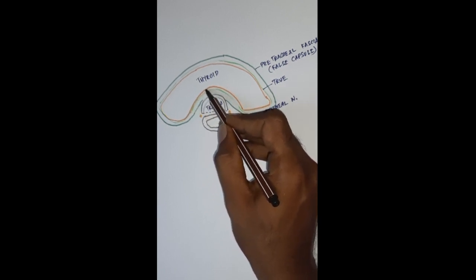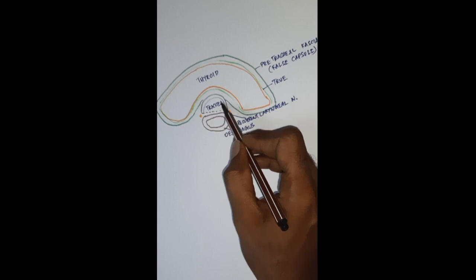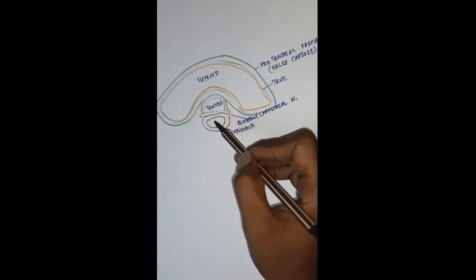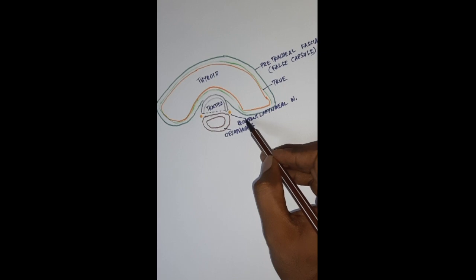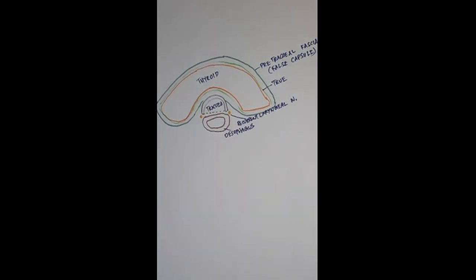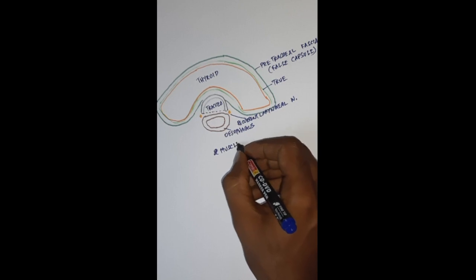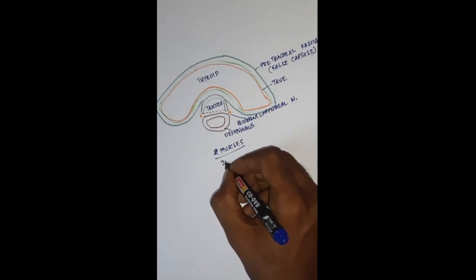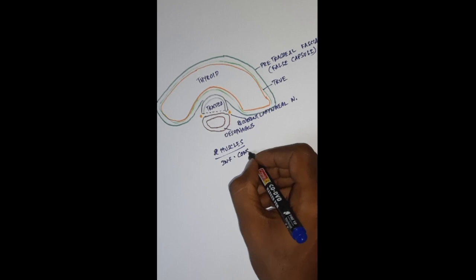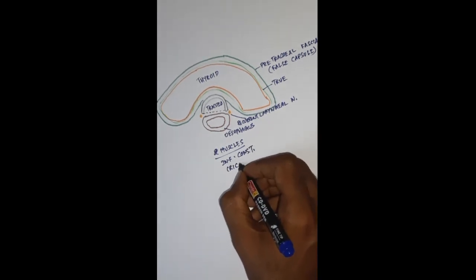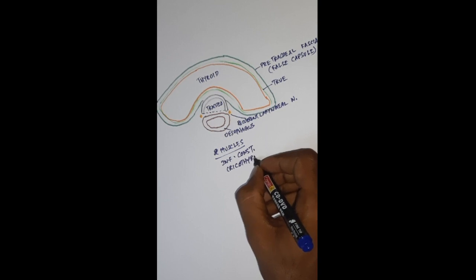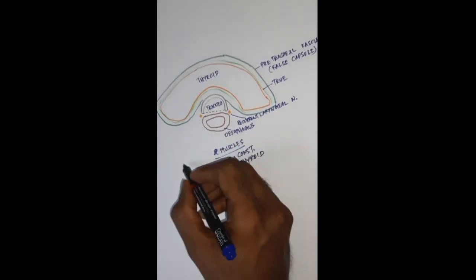Okay, so the medial surface is related to two tubes, the trachea and the esophagus. It is related to two nerves, recurrent laryngeal and one more nerve, the external laryngeal nerve. And two muscles: the inferior constrictor of pharynx and cricothyroid.